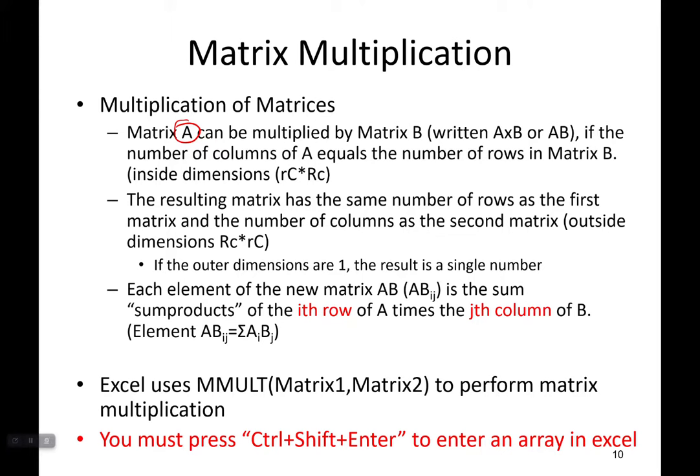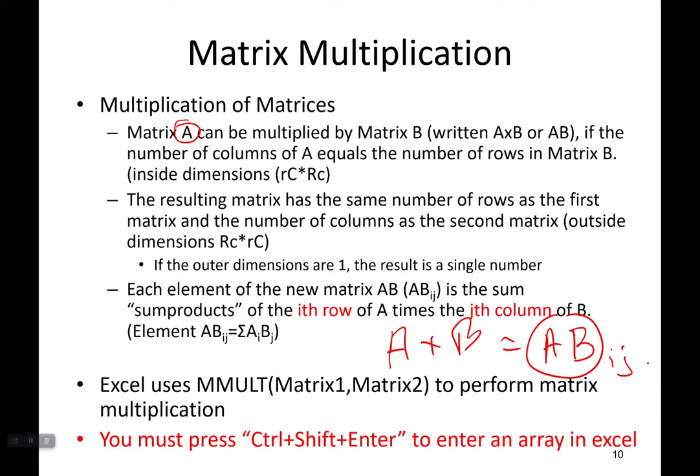Each item in the new matrix, in this case AB, is going to be a sum product of the ith row of A times the jth column of B. So if I multiply A times B, and I want to refer to that new matrix AB, and I want to say, what's in row i, column j of AB?